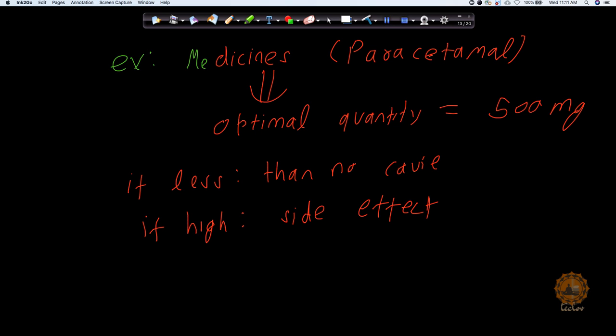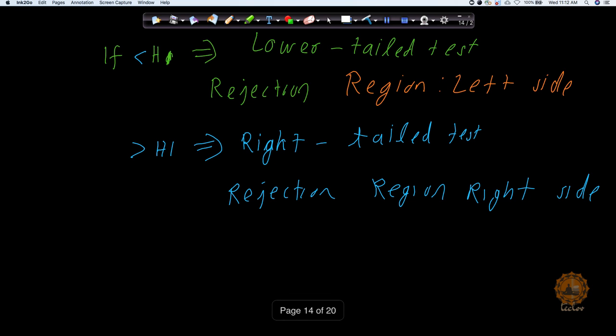Now it's very important when you put your hypothesis testing that it should not be below a lower critical value or above, because if it is too much less than 500 mg, then maybe that medicine will have no impact on the patient. And if it is too high, then it's going to have a side effect. Means if I go to the upper critical region, maybe that medicine will start showing a side effect, right? So that's where this example will fit in.